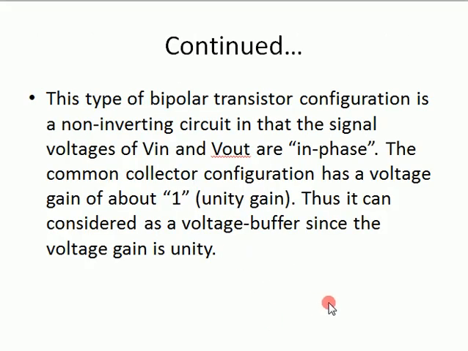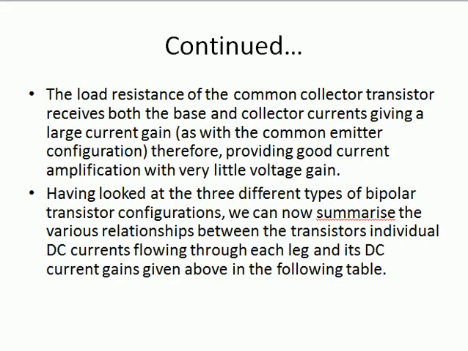This type of bipolar transistor configuration is the non-inverting circuit, in that the signal voltages of V in and V out are in phase. The common collector configuration has a voltage gain of about 1, unity gain, thus it can be considered as a voltage buffer since the voltage gain is unity in it. Now if we discuss the load resistor of this common collector transistor, then it is having the base current as well as the collector current.